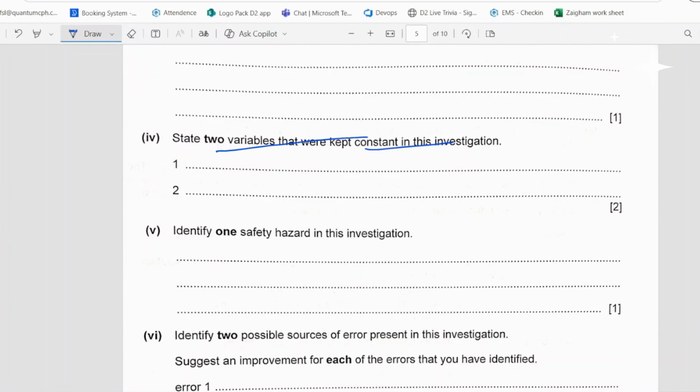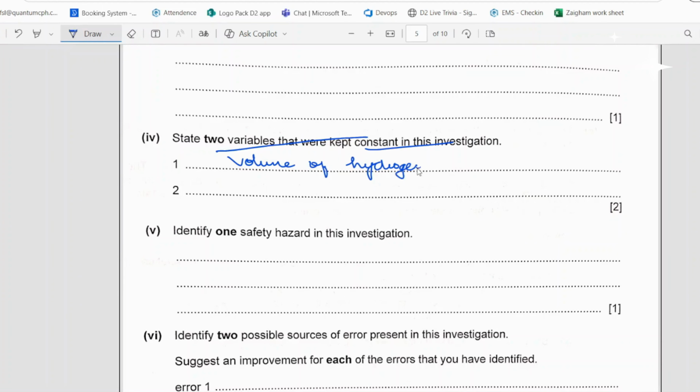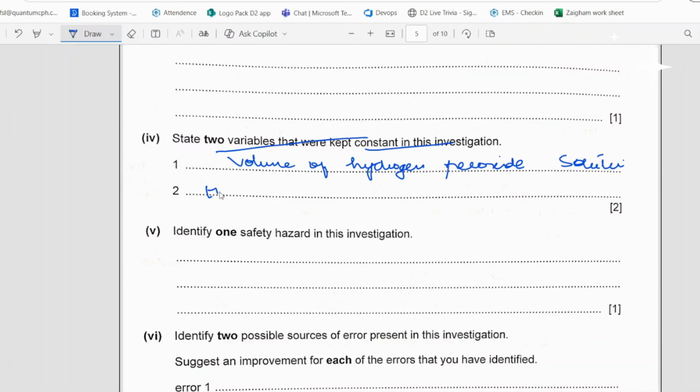The volume of hydrogen peroxide solution, one safety hazard. Yes, hydrogen peroxide is toxic.